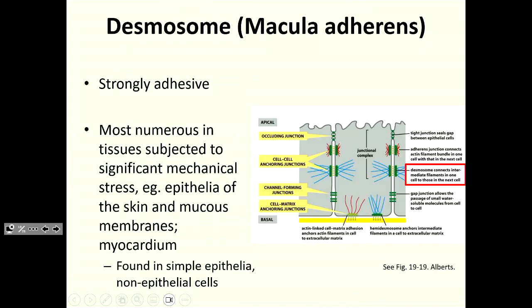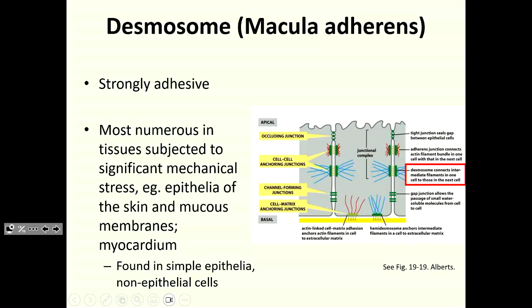Again, similar to our adherens junctions, desmosomes are strongly adhesive. Where do you find them? In tissues subjected to significant mechanical stress. I've put a few examples here. Myocardium, the heart. The heart is constantly contracting, so we need desmosomes in between those cells, and adherens junctions also.